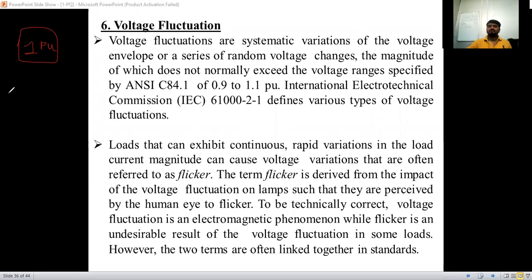Is there any condition? Yes or no? Yes. What is that then? 0.1 to 0.5. This is the acceptable range.